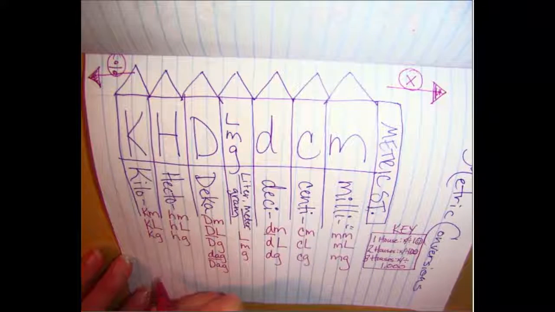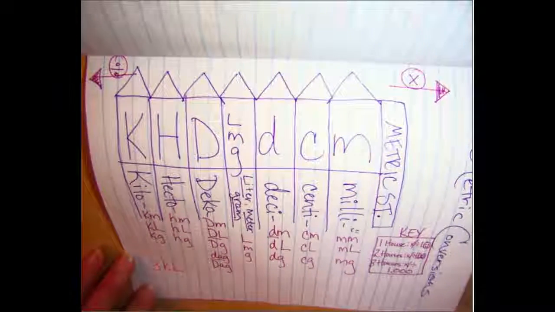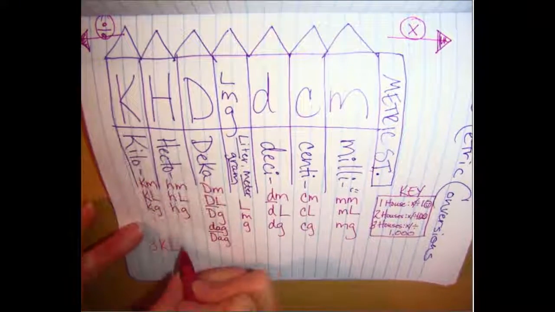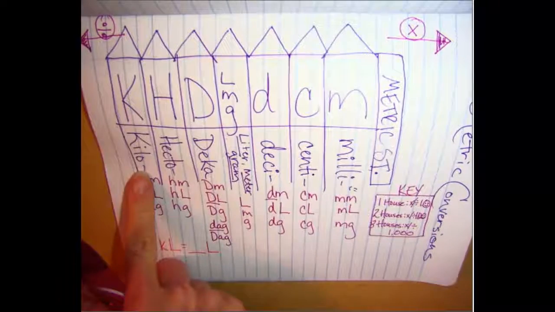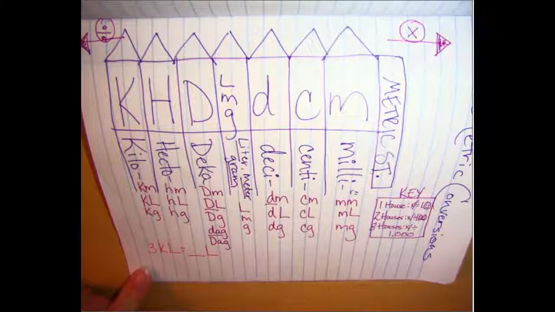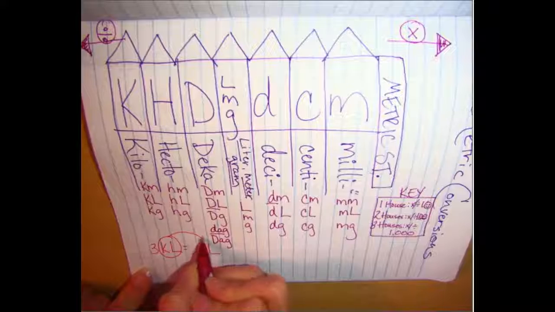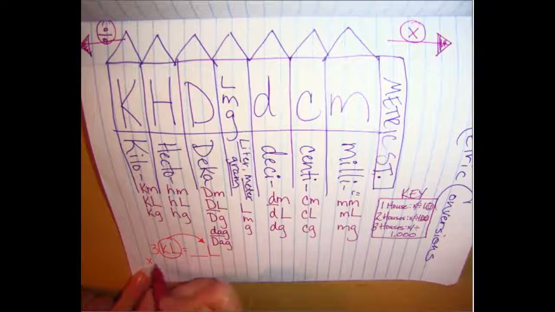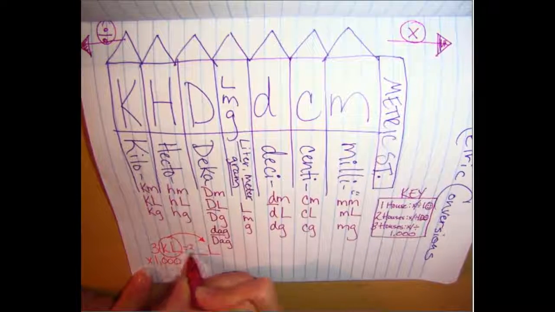If I have 3 kiloliters and I want to change it to liters, if I go from kilo's house to liter's house, am I multiplying or dividing? Multiplying. Kilo's my big. I'm going big to small. So I multiply all. And I jump 3 houses, so I multiply times 1,000.